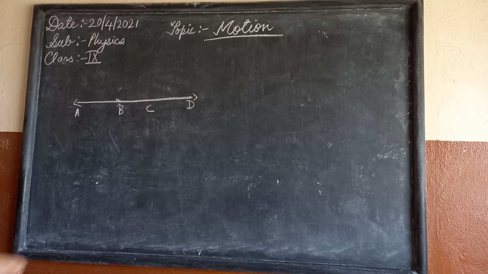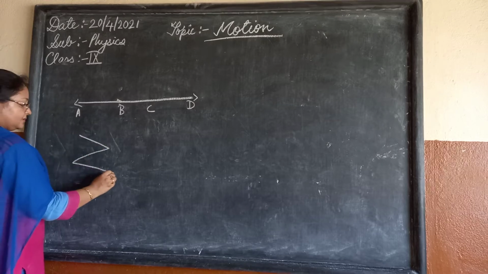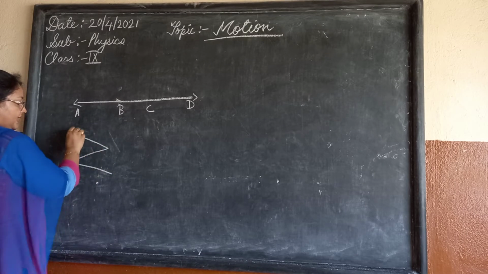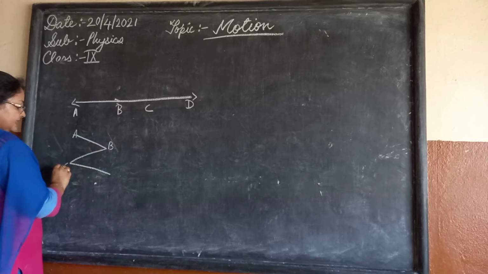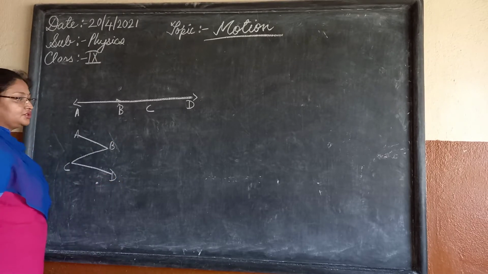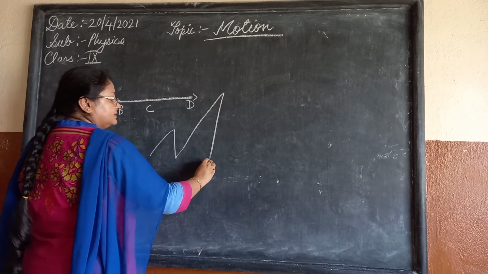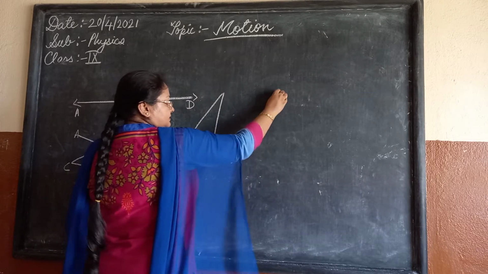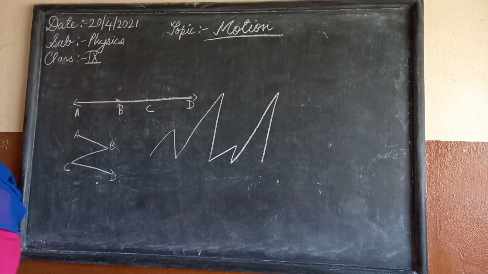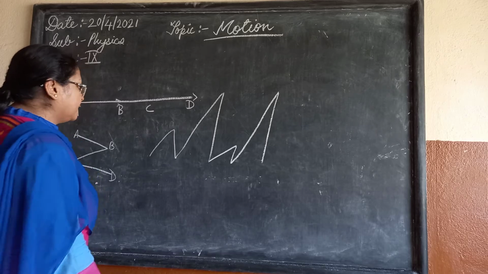Clear? If the motion is just like this, in this manner, it is a zigzag motion. So A to B, then B to C and C to D like this is a zigzag motion. Random motion means it can be like this, this, okay. This is also called random motion. Randomly any motion can happen.